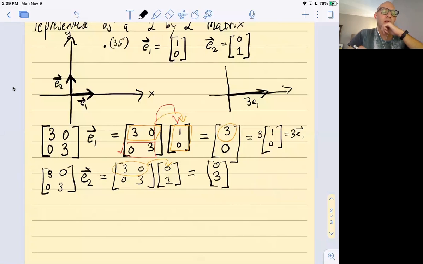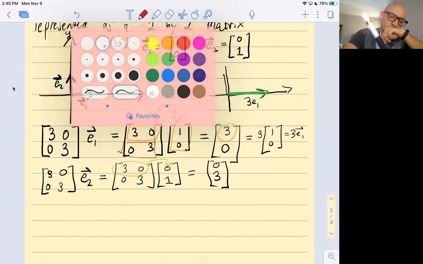And say, okay, cool. So what that does is it moves the E2. Let me draw it here. This E1 got mapped to here, and this E2 got mapped to over here.